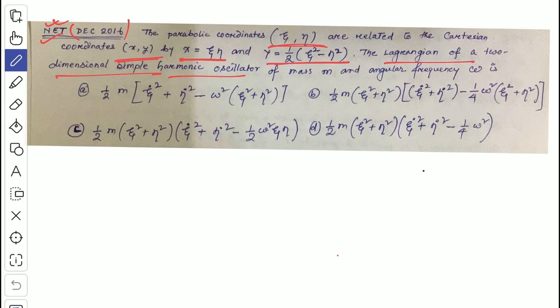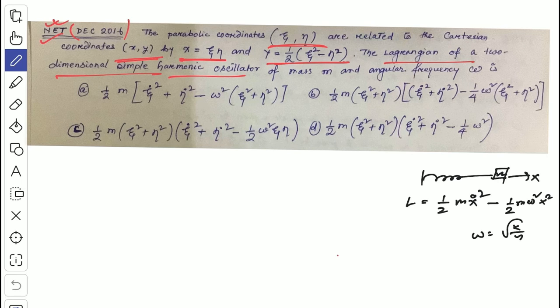So here you see what was the Lagrangian for the one-dimensional simple harmonic oscillator. For that, L is equal to 1 by 2 m x dot square minus half m omega square x square. Omega is equal to root over k by m, where k is the spring constant.